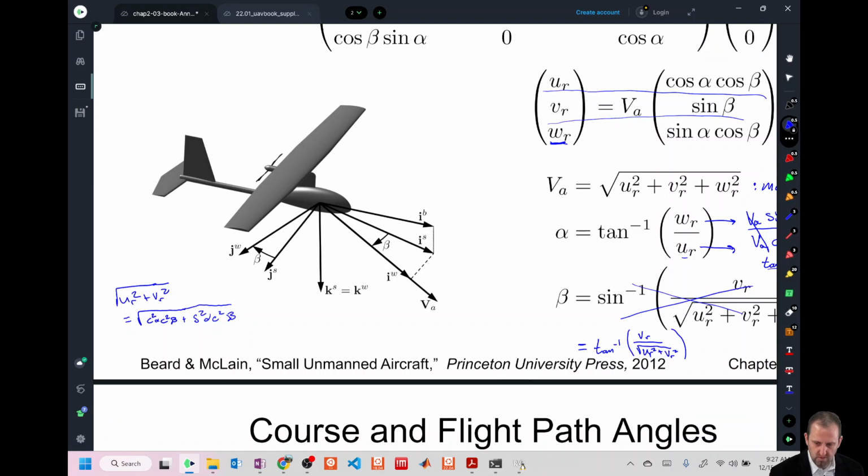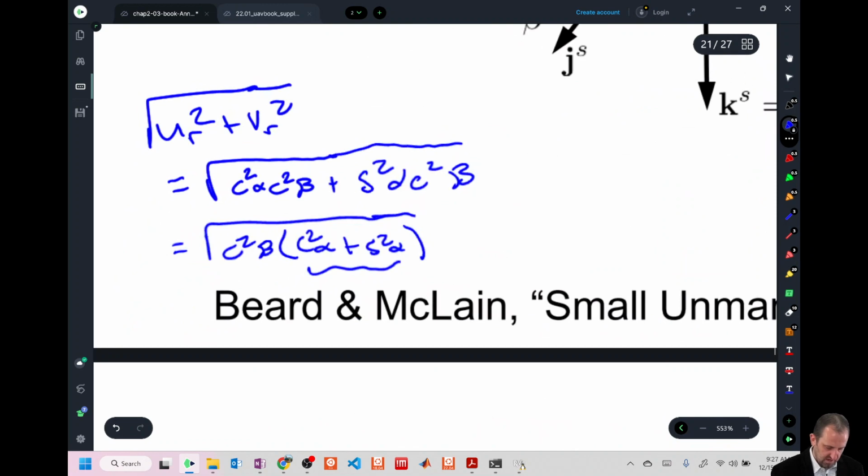And so we notice that we have a cosine squared beta on each of them. So this is equal to the square root of cosine squared beta times cosine squared alpha plus sine squared alpha. This guy, cosine squared of an angle plus sine squared of an angle, is just equal to 1.